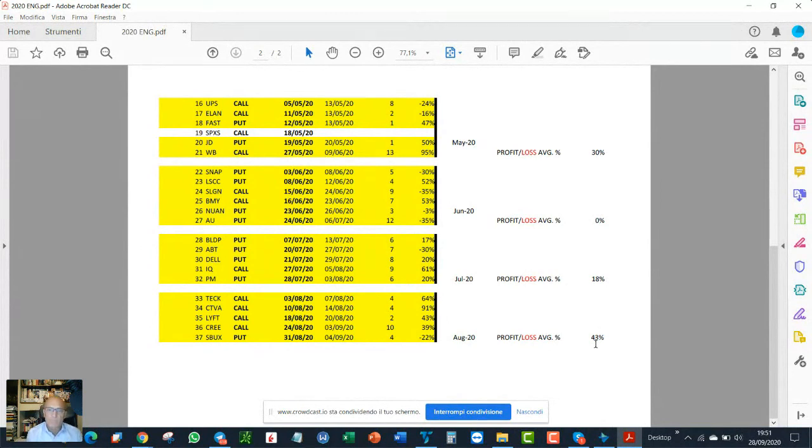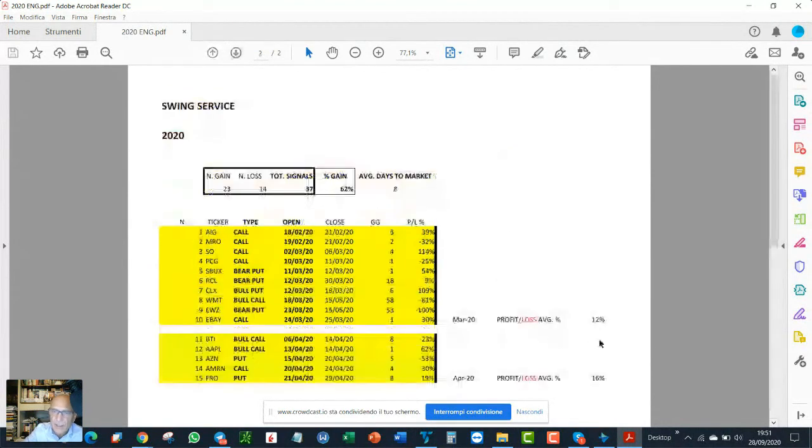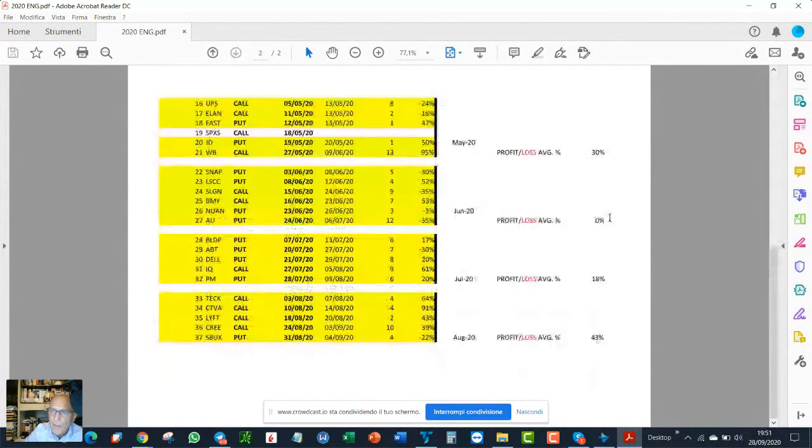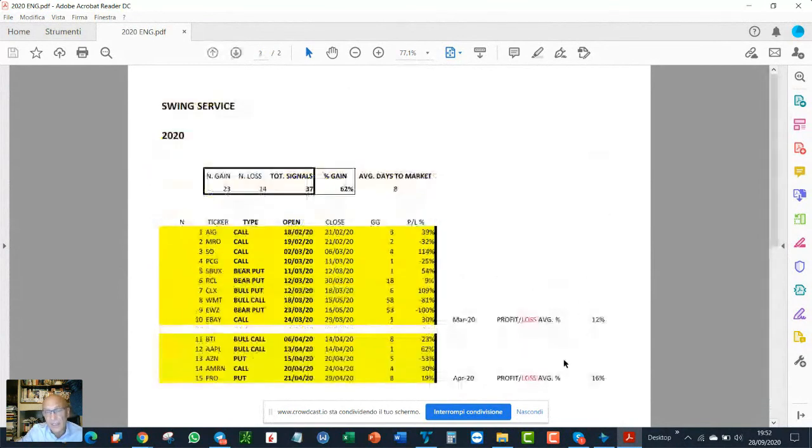So the service so far had only one month where we had 0. We didn't have any profit. So this means that the rules that we are following for choosing our stocks work.